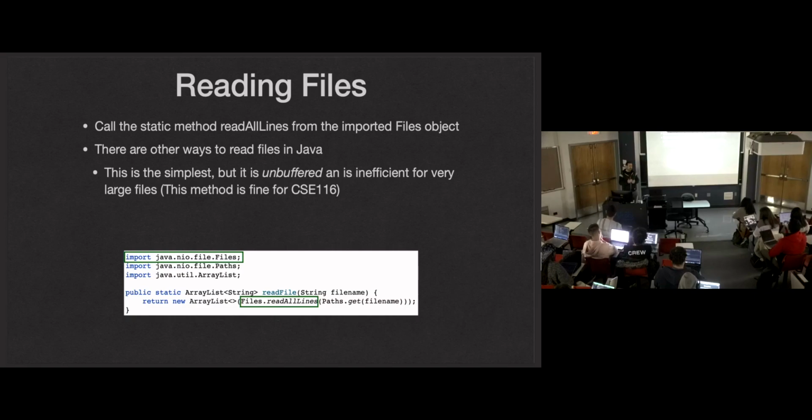You're not going to have enough memory to load that entire file. So this is going to run out of heap space before this method call ends. It's not going to work for you because this is unbuffered. What we can do is do this a different way using a buffered reader, which uses an iterator to read one line at a time, or some number of bytes at a time if that's what your application calls for.